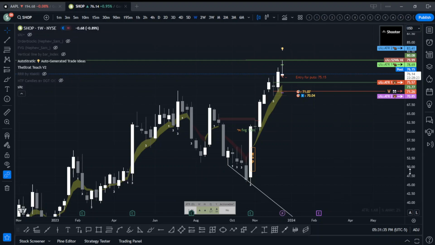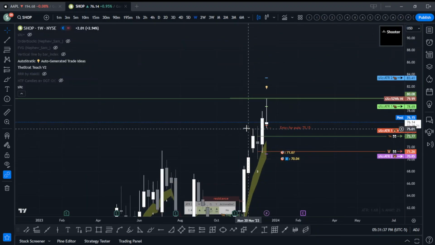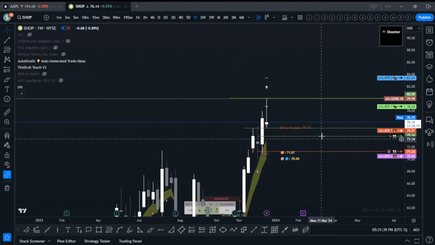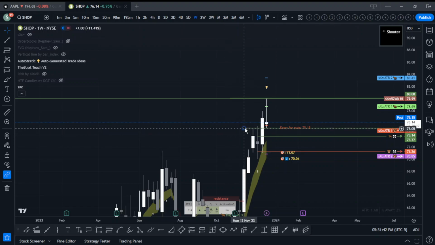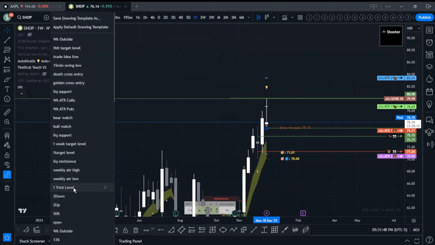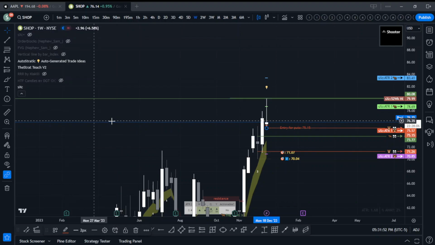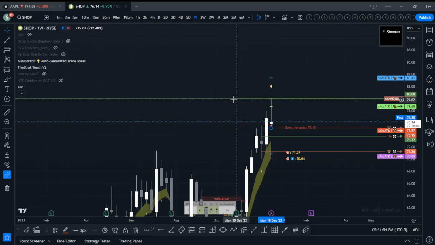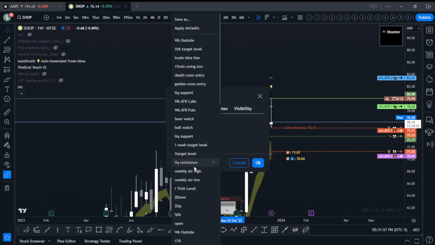And then as you can see, the auto strat is also giving us an entry specifically for puts at 75.15. So we can go ahead and mark that level also. And then marking this level here for calls.